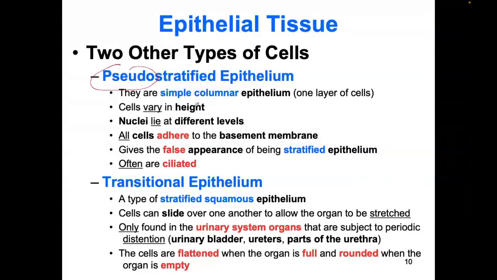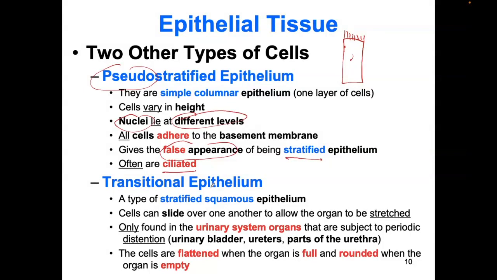Pseudo, we said false. That's because the nuclei lie at multiple levels. They're at different levels, but it gives a false appearance of being stratified. And typically, when you have pseudo stratified, right, if you have that, you're going to have the cilia. They're often ciliated.